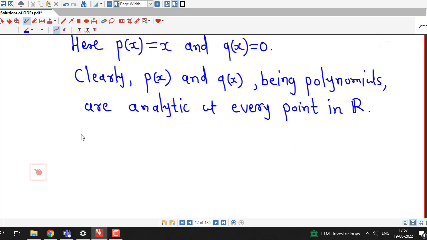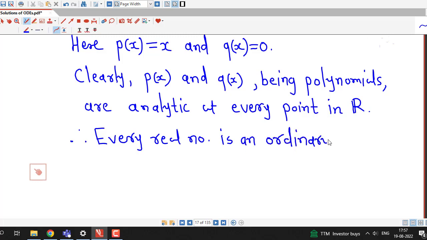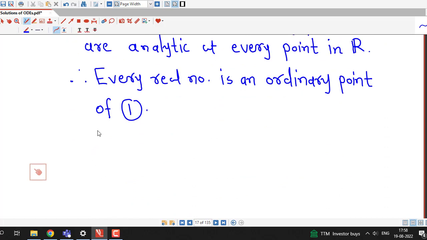That means every real number is an ordinary point of the given equation, by the definition of an ordinary point of equation 1. And because every point is an ordinary point, equation 1 has no singular points.